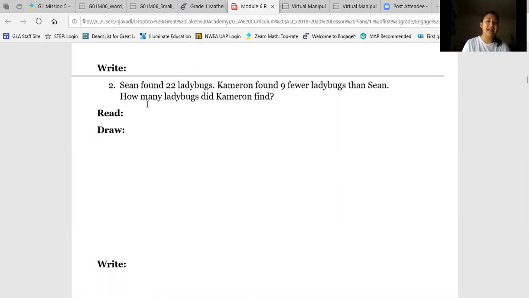How many ladybugs did Cameron find? So this one is a little bit different. In the problems before, we were dealing with somebody who did more. This time, Cameron found 9 fewer ladybugs than Sean. Go ahead and pause and solve on your own. You got this.